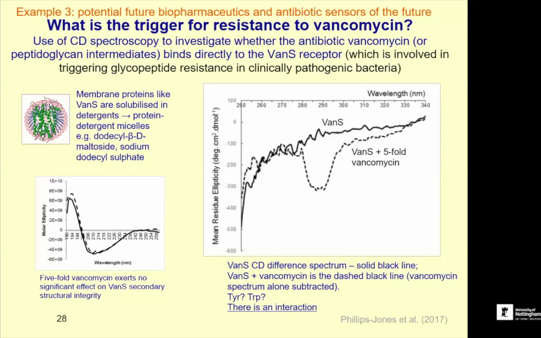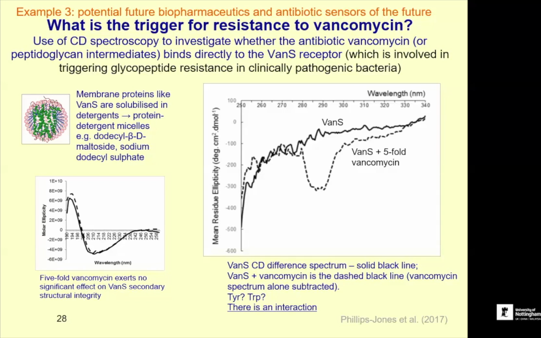And what that means is they have subtracted the solvent, the vancomycin in my case, in separate spectra. So they run a spectrum of vancomycin alone in my case. So all those lovely aromatics that are present in vancomycin, we get the spectrum for that and subtract that spectrum from the Van-S with vancomycin spectrum.